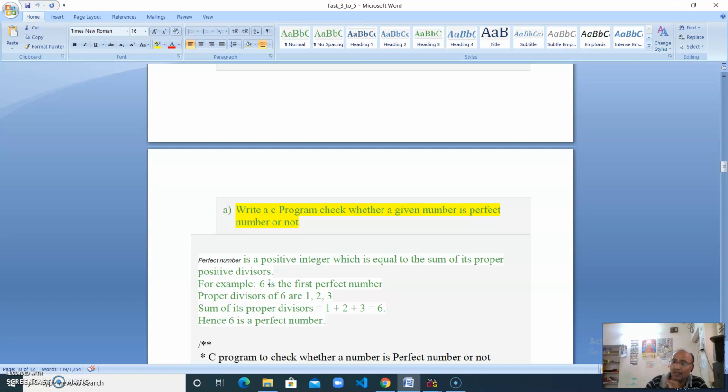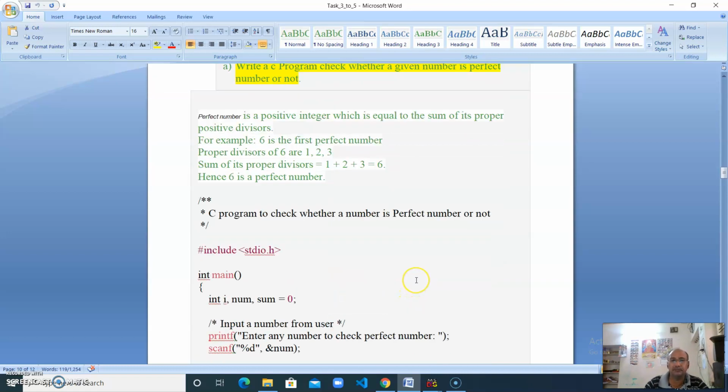That is 1, 2 and 3. The sum of these divisors, 1 plus 2 plus 3, is 6. The 6 is equal to the original number, so that number is a perfect number. Understood? Now, how to write the program for this?